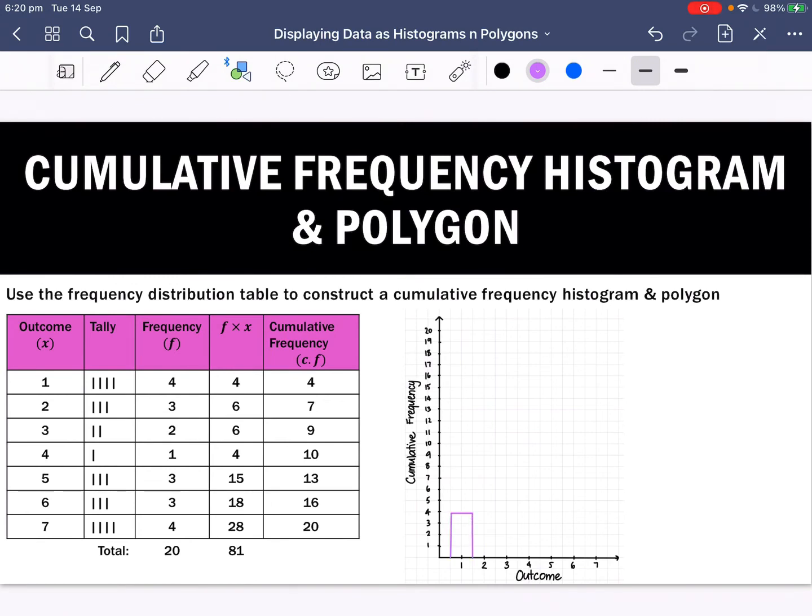Then I look at my next outcome of 2. It has a cumulative frequency of 7. My next outcome of 3 has a cumulative frequency of 9. My next outcome of 4 has a cumulative frequency of 10. My next outcome of 5 has a cumulative frequency of 13.